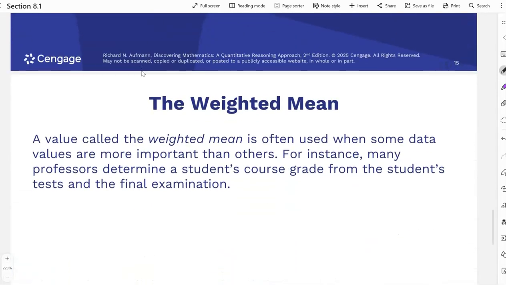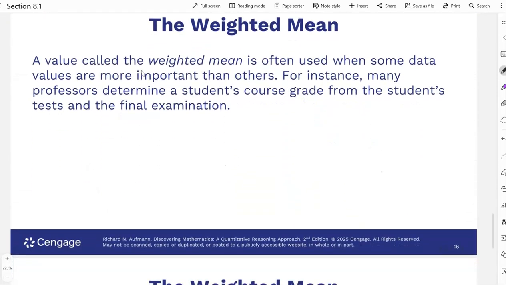Let's talk about weighted mean. A weighted mean is something that you see in courses when you talk about your class weights. Tests maybe are weighted a different way than the homework, which is weighted differently than maybe lab assignments or quiz assignments.